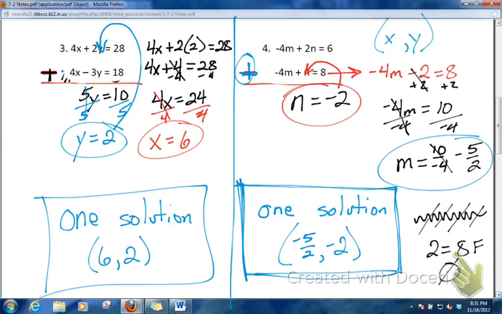So if your variables all cancel out, everything's gone, and you get a false statement, that's a no solution. And in the same sense, if you get a true statement, like 2 equals 2, that's going to mean infinitely many solutions. So we will look at some of those examples here in class and during homework time too. So keep that in mind.